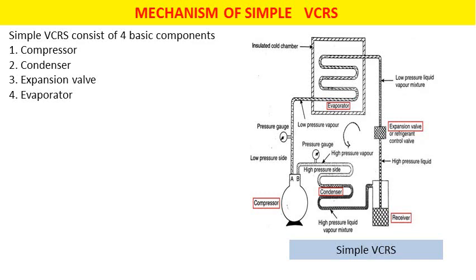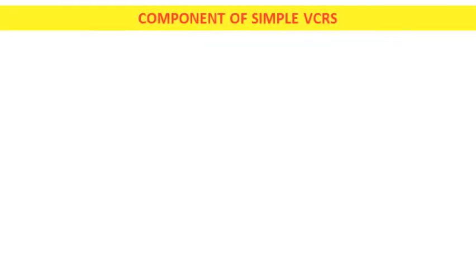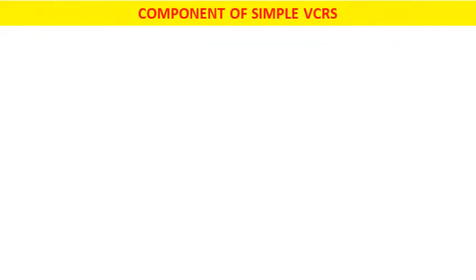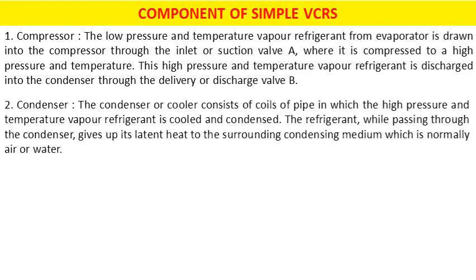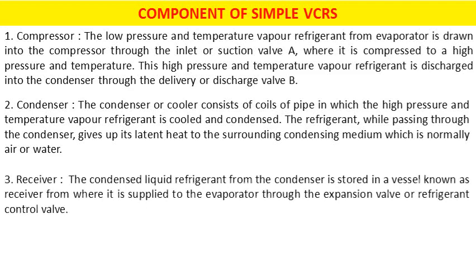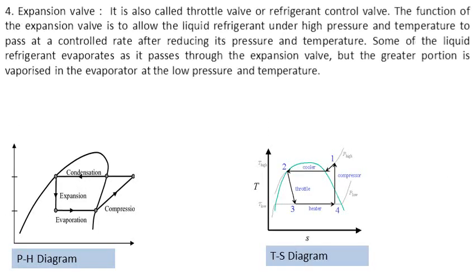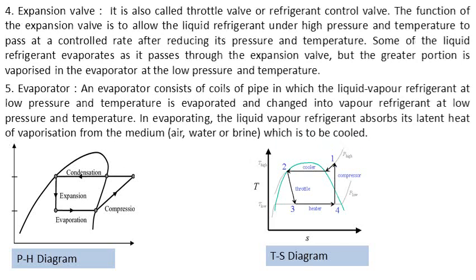In evaporating, the liquid vapor refrigerant absorbs its latent heat of vaporization from the medium that is called air or brine solution. Okay. Now, these are the basic components of simple VCRS, that is compressor, condenser, receiver, expansion valve and evaporator.